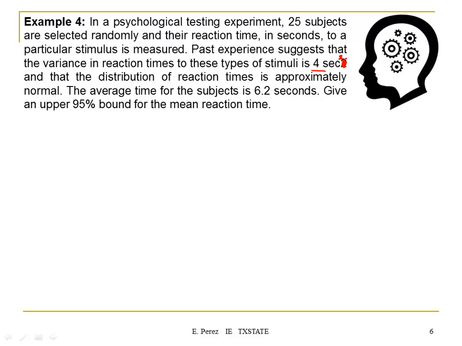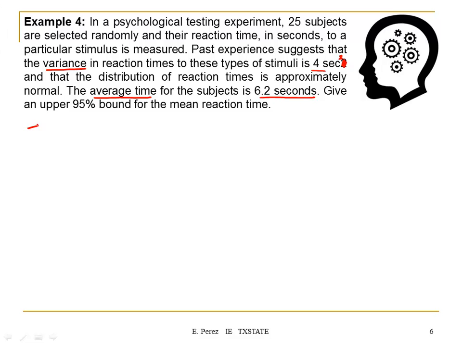And the distribution of reaction time is approximately normal. The average time of the subjects is 6.2 seconds. So we have the average and we have the variance. Those are the two pieces of information that we have. And the problem is asking, give an upper 95% bound for the mean reaction time.